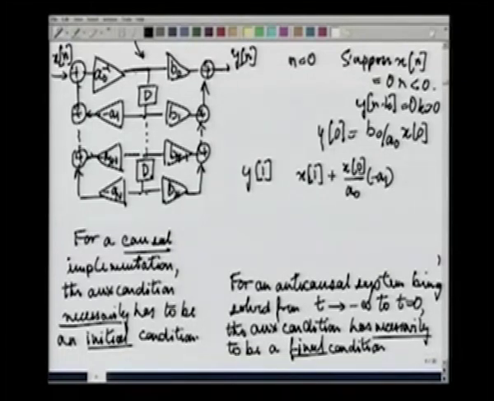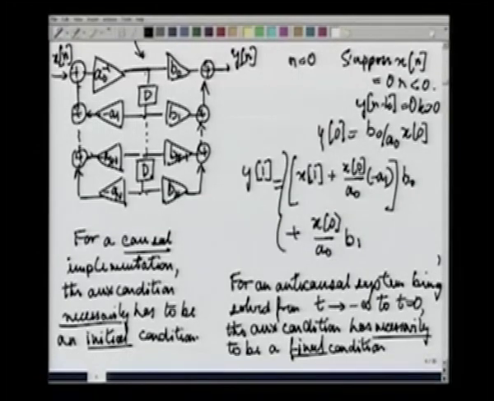That is what we have over here, and this now gets scaled by this quantity b 0 and then gets added to x 0 by a 0 multiplied by b 1. This then is y 1. This is the value of y 1.